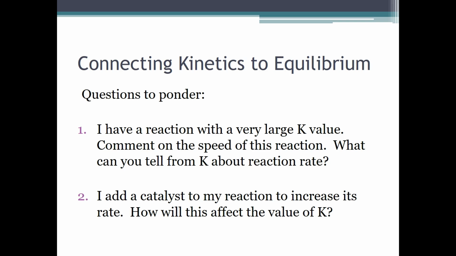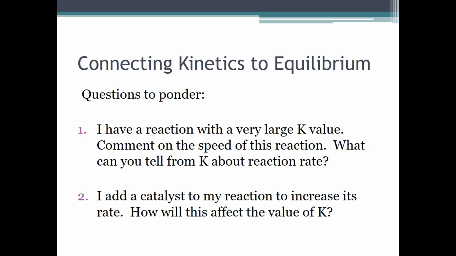And if the rates of the forward and reverse reactions are equal at equilibrium, that must mean that the initial rate of the forward reaction was much, much greater than the initial rate of the reverse reaction. So if the initial rate of the forward reaction is a lot faster, we could tell that K would have a large value.